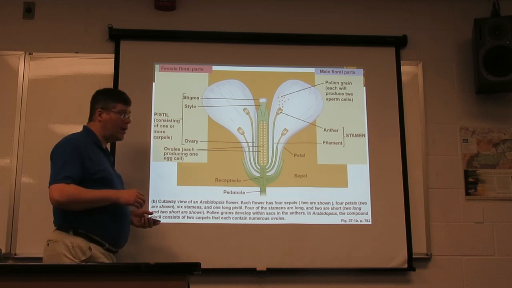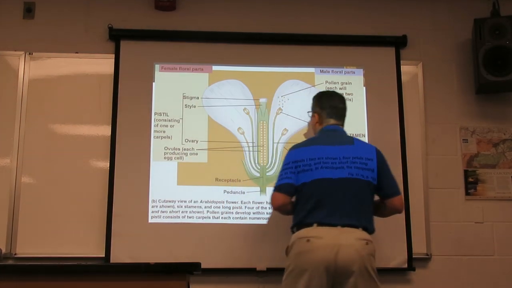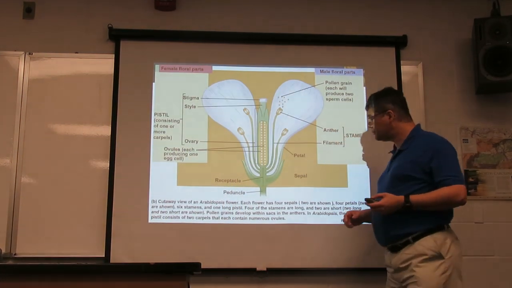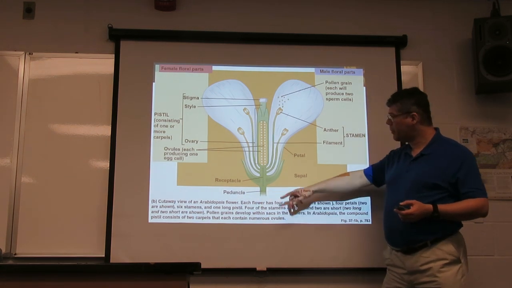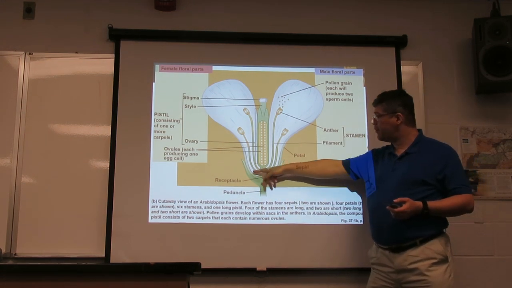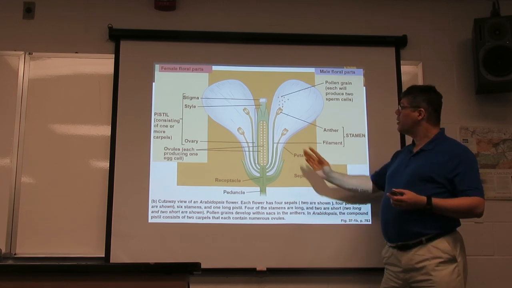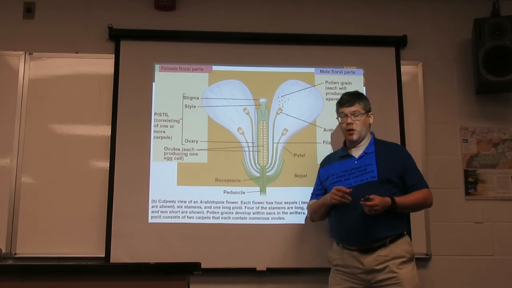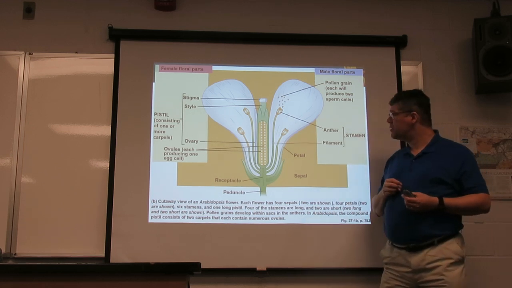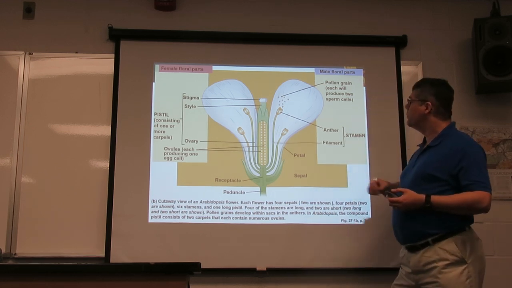So here's a diagram of a flower that has all of those parts. Stem down here. And then we have the green sepals, which cover the bud. The petals, helping to attract, in this case, some sort of small insect.